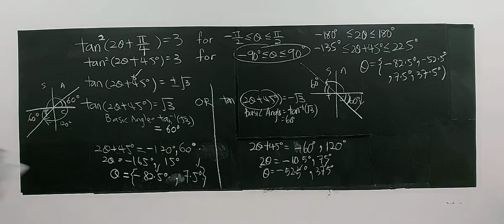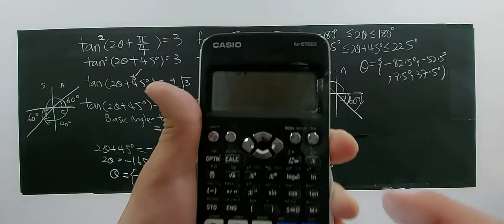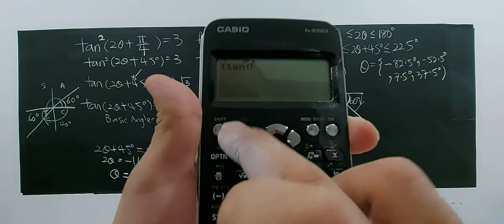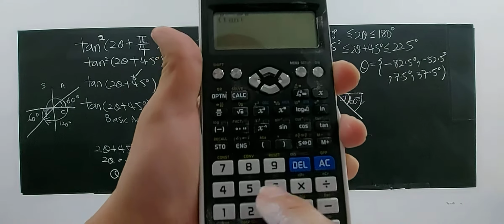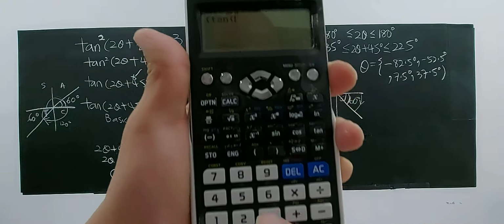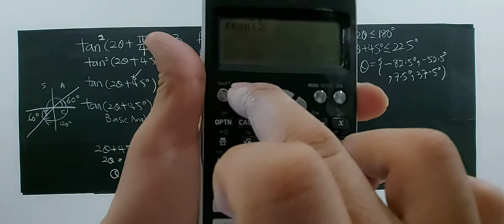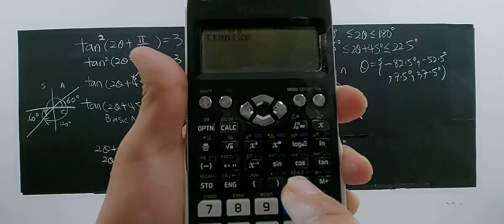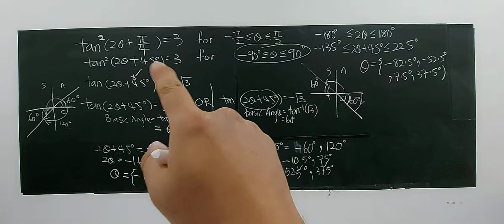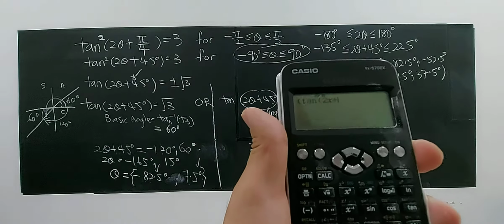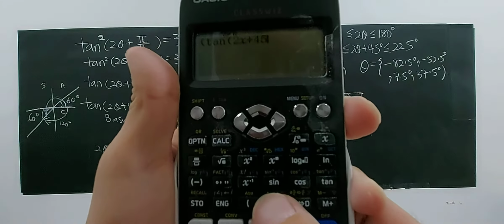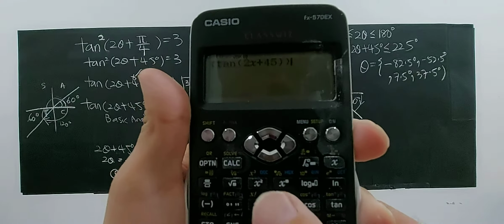So it's very easy. Make sure your calculator is in degree mode. Open a bracket, then you have tangent of 2x plus 45 degrees, then close the bracket again, then square.